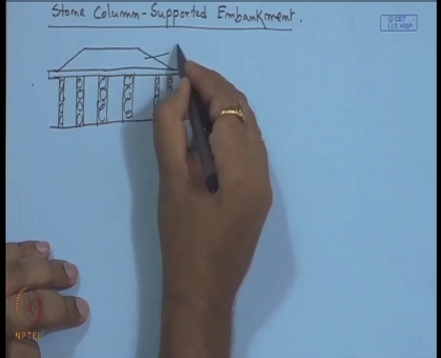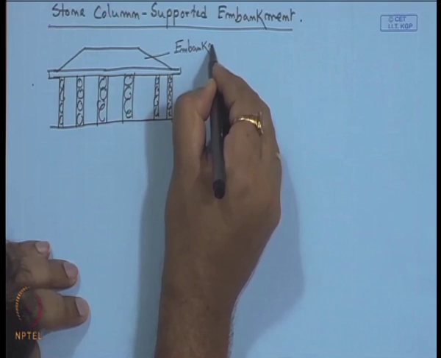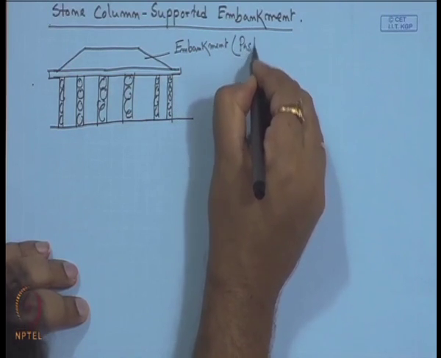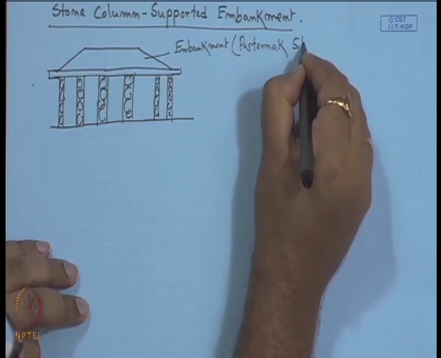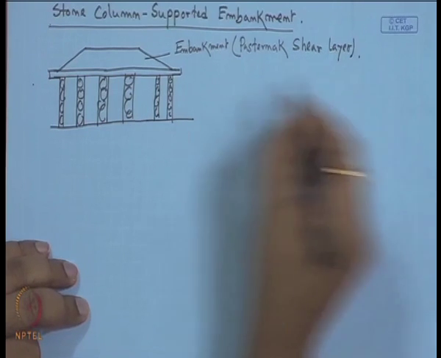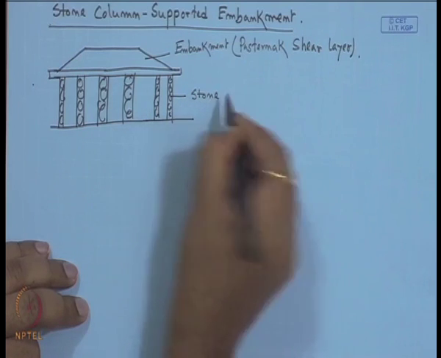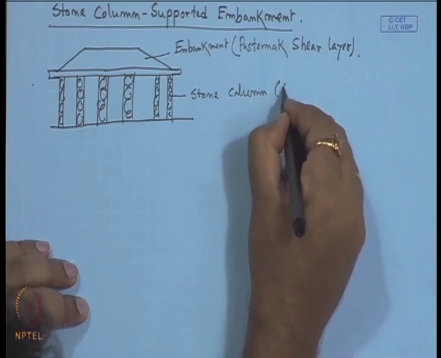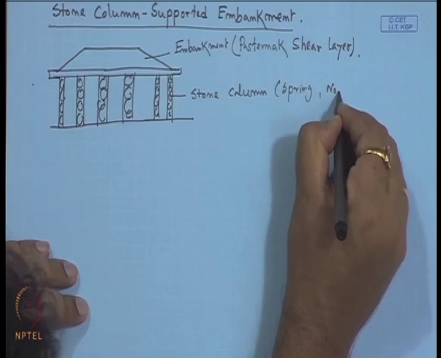So, this embankment is modeled by a Pasternak shear layer, this is by a spring for the stone column, which is non-linear.